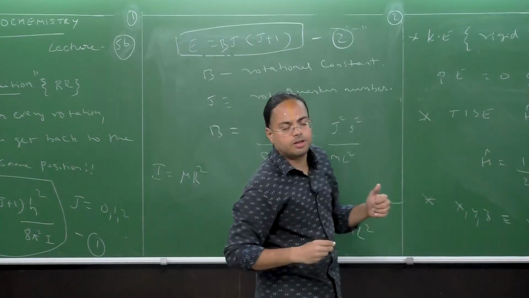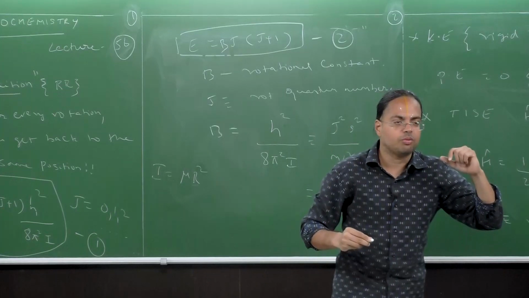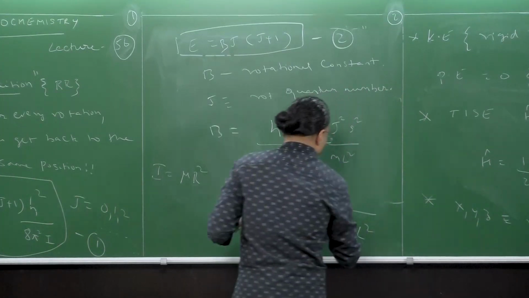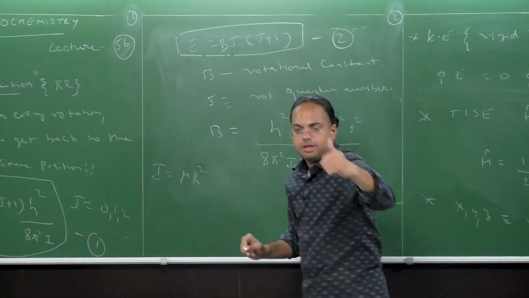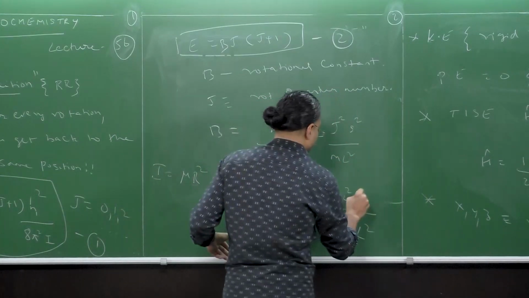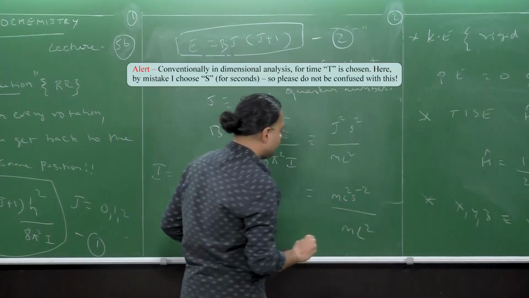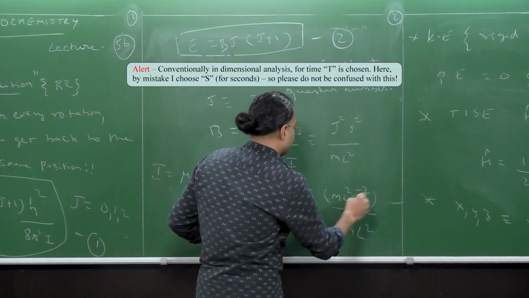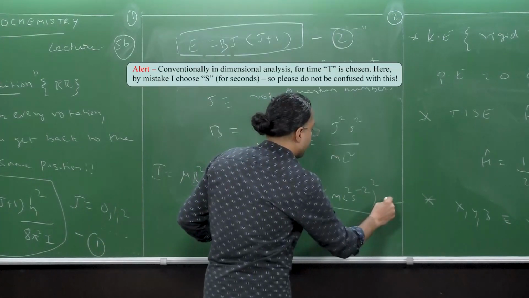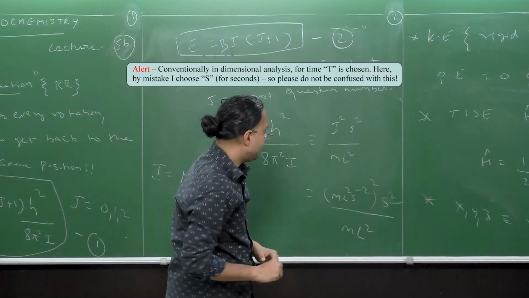A joule is nothing but E; if you use E equals half m v square, this is going to be mass times v square, that is L square s to the power minus 2, the whole square times second square.